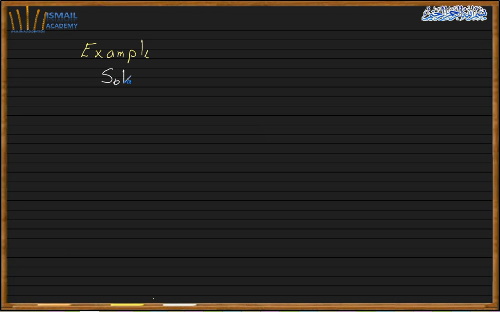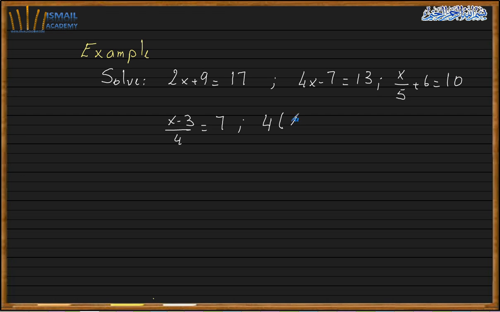They ask me to solve for these: 2x plus 9 equals 17, x over 5 plus x equals 10, x minus 3 over 4 equals 7, and 4 times x plus 9 equals 44. Let me solve one by one.